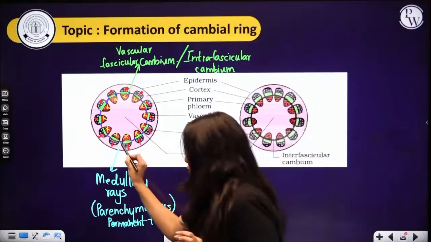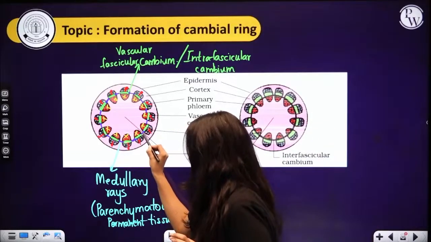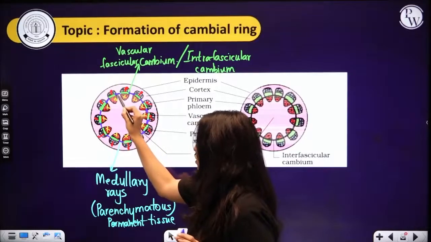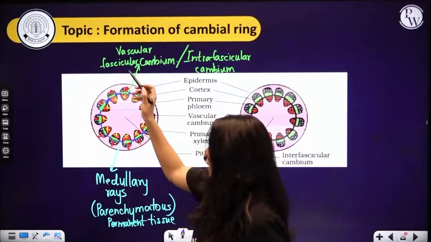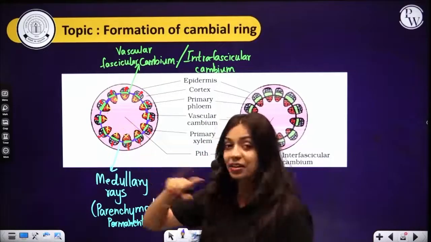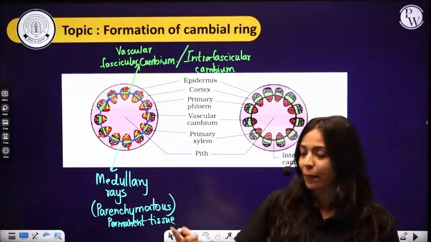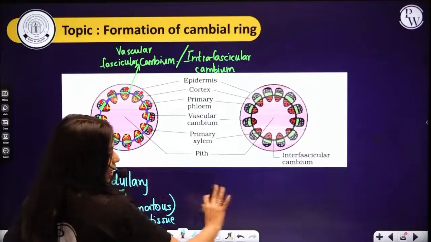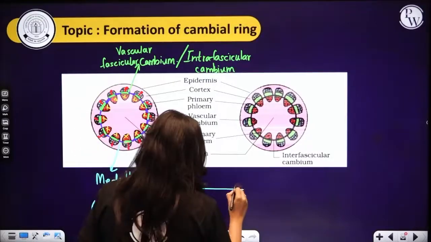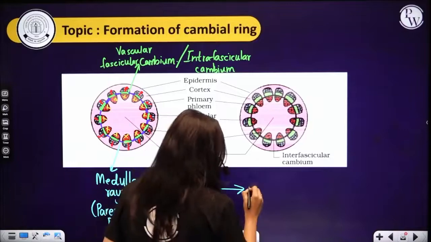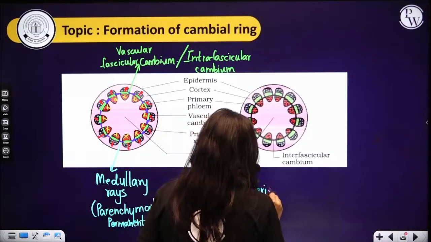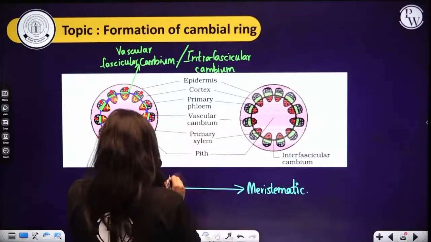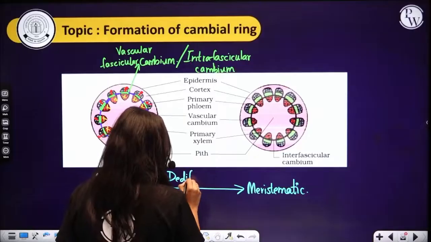Now some of these parenchymatous cells in the medullary rays adjoining the vascular cambium, at the same level of the cambium, are initially permanent, lacking the ability to undergo cell division. They regain the ability to undergo cell division and become meristematic again. Okay, so this process is called de-differentiation.